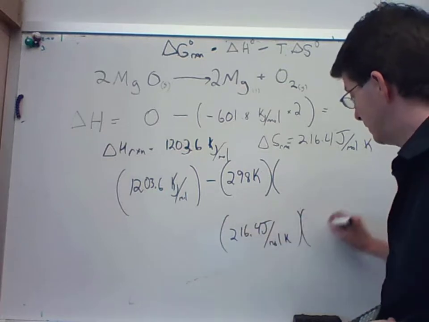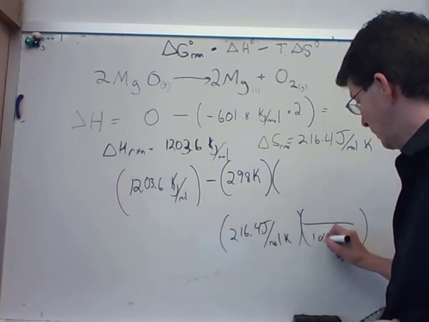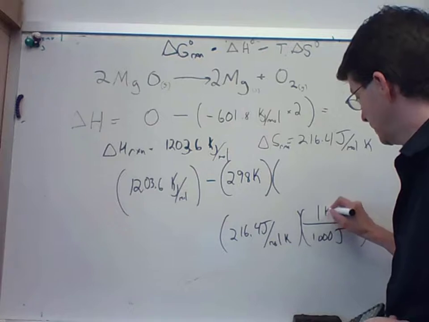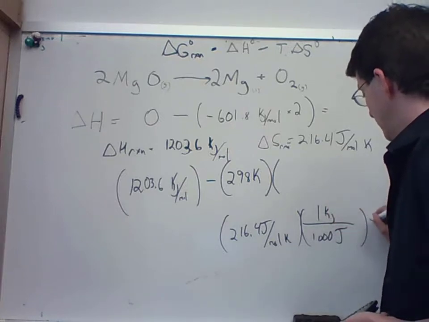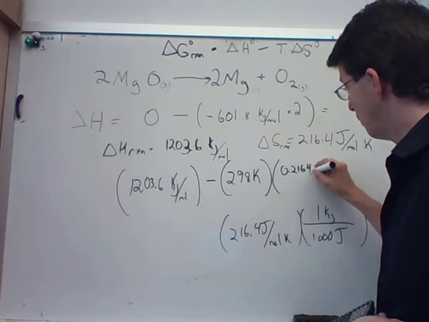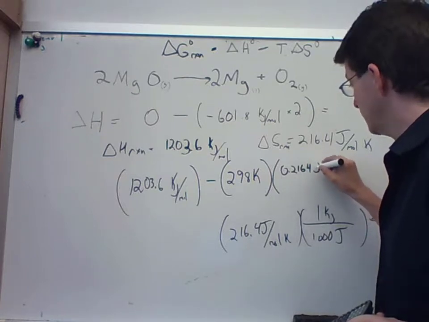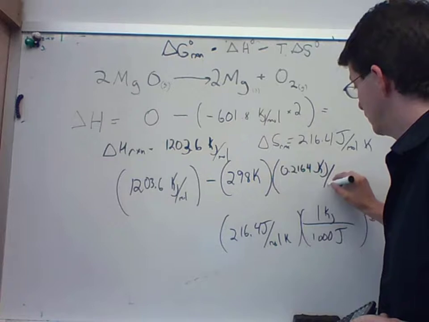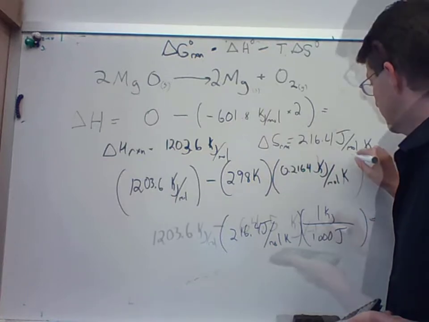We know that for every 1,000 joules, that is 1 kilojoule, giving us a value of 0.2164 kilojoules per mole Kelvin.